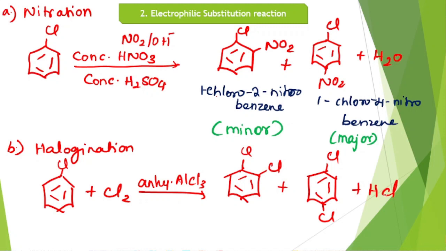Now listen here, what is the name you can give to these compounds? It is going to be 1,2-dichlorobenzene, and this one is 1,4-dichlorobenzene.